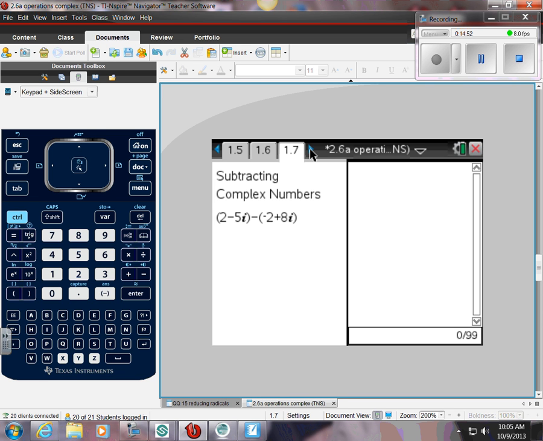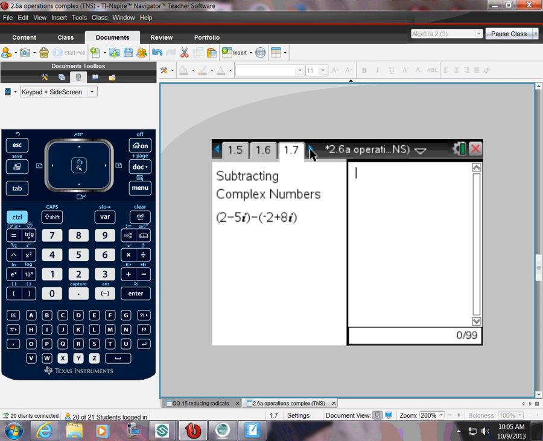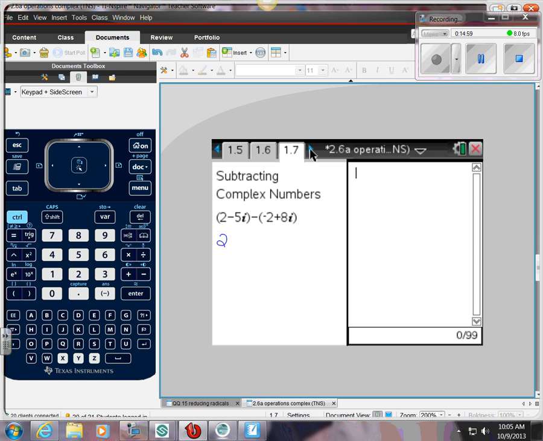Okay, so if we're subtracting polynomials, we know we have to distribute through that negative, correct? Okay, so we get 2 minus 5i, distribute through the negative, plus 2 minus 8i. So when we're subtracting complex numbers, you have to remember to change the signs in that second piece.